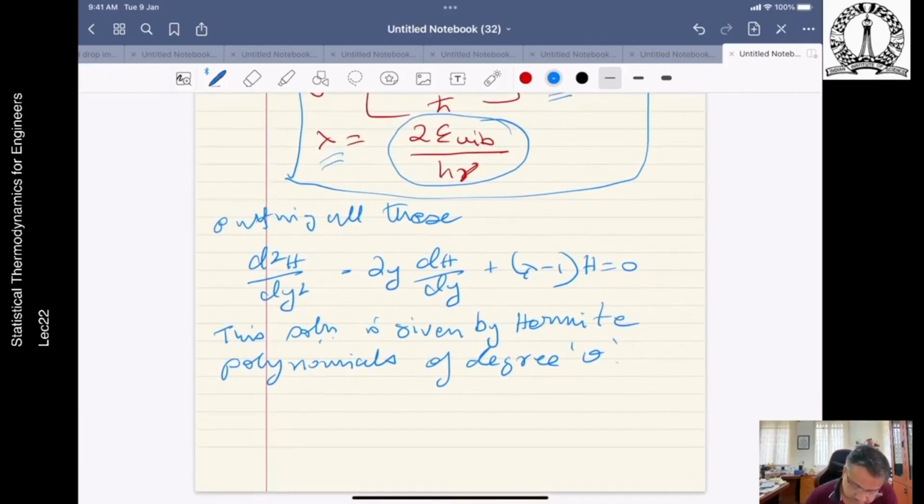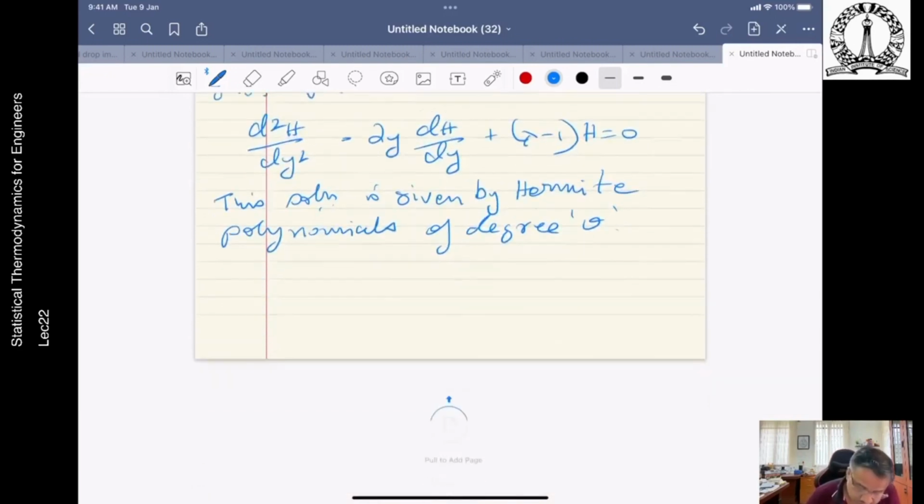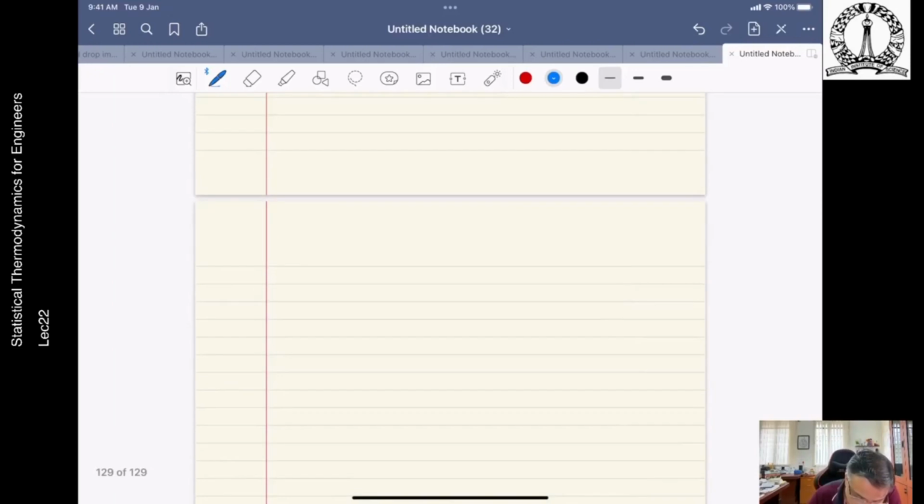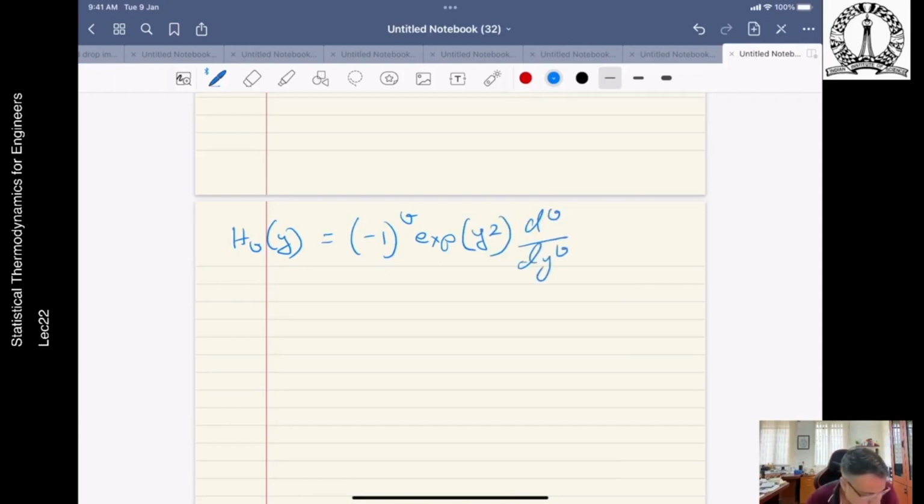So the solution to this particular equation, which is again a second order ODE, is H_v(y) equal to minus 1 to the power v, exponential y squared, d^v by dy^v of exponential minus y squared.